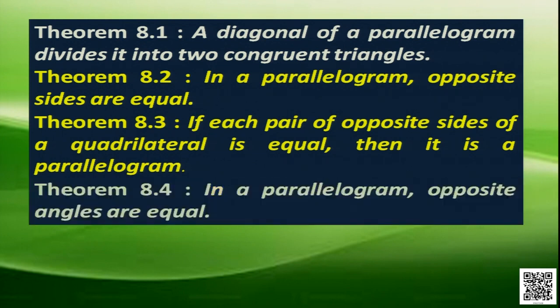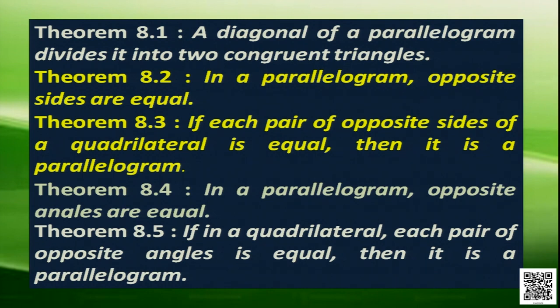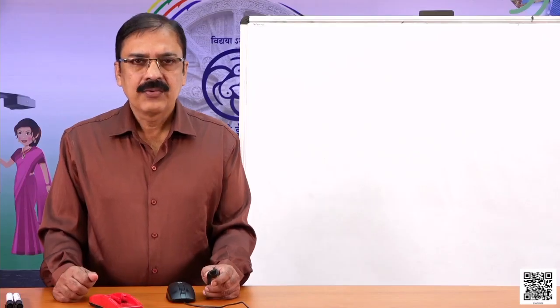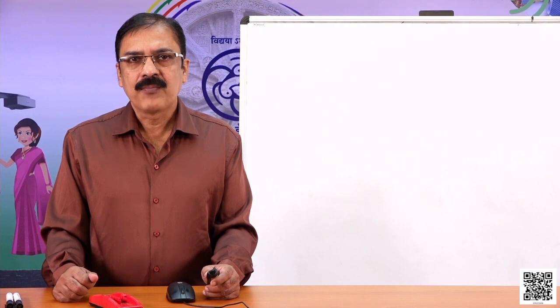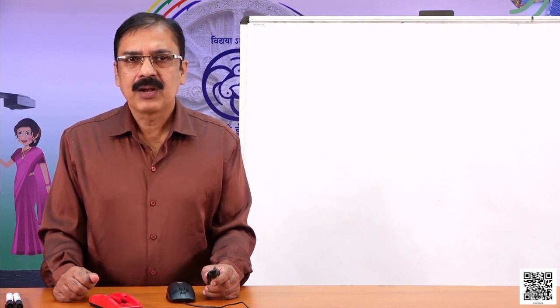And another property says, in a parallelogram, opposite angles are equal. And its converse says that if in a quadrilateral each pair of opposite angles is equal, then it is a parallelogram. Today we are going to discuss some more properties about parallelogram.